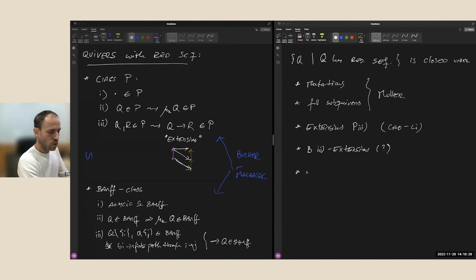And today I want to add another class, which is taking triangle products with Dynkin quivers. So this is due to joint work with Keller and Kosheleva.